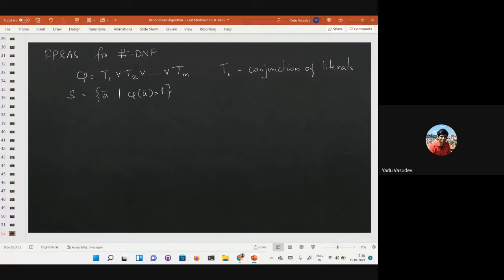Okay. So now, instead of sampling from the set of all assignments and then trying to sample S, let's look at a slightly different set. Suppose that Ti has Ki literals in it, for each i.